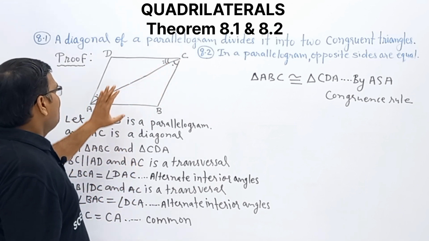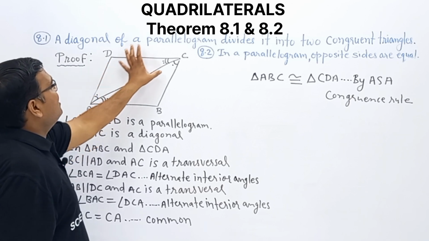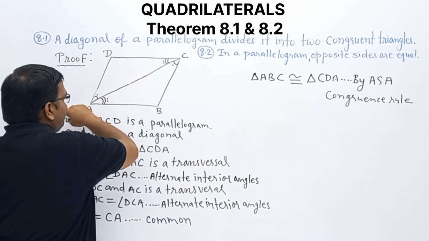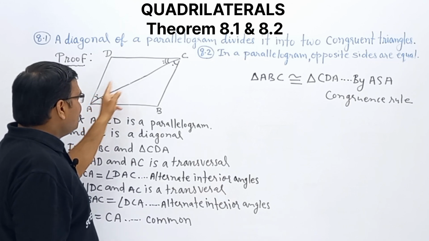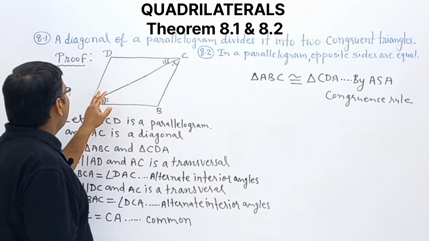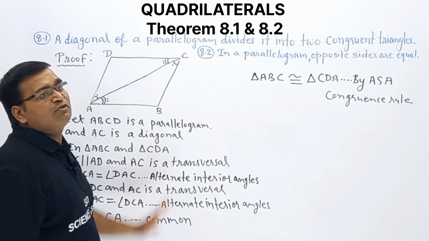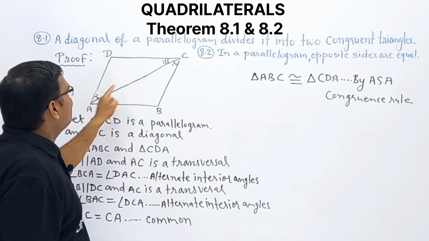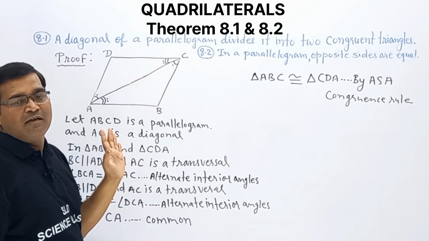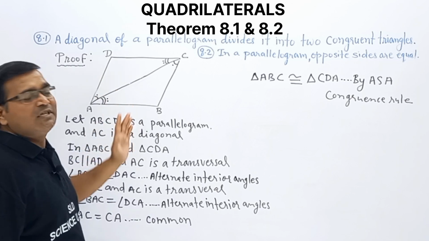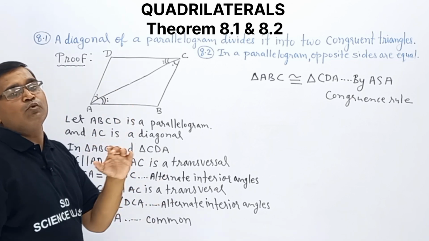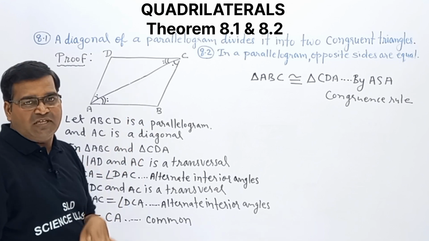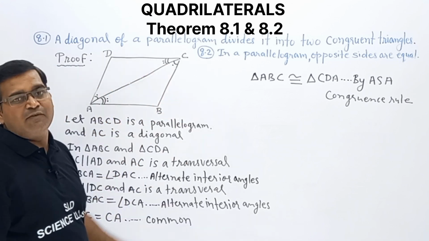Because when two parallel lines are cut by a transversal, we get interior angles, and among the interior angles, alternate interior angles are equal. So this angle equals this one, and we equate it in both triangles. Now, to prove the congruence rule we require three things. So one angle in both triangles we proved.